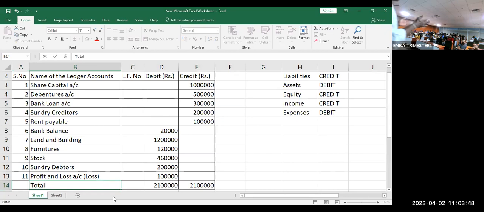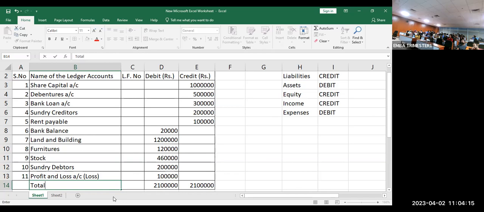To prepare the financial statement, what do I need? The trial balance. The trial balance will tell me the total rent I have to pay or paid, the total capital available in the company, how much I have to pay to outsiders in the name of liability or loan, how much stock is available, how much sales I made, how much purchase I made. It's a very hypothetical trial balance, so I don't give all the items, just to help you understand the trial balance.